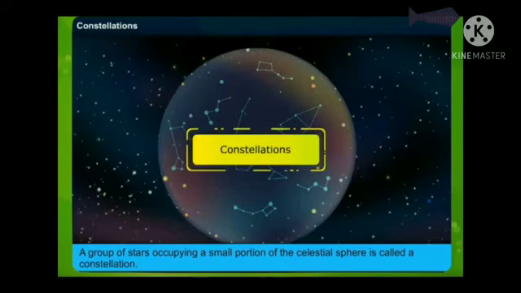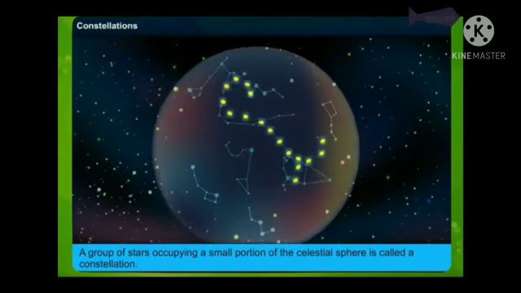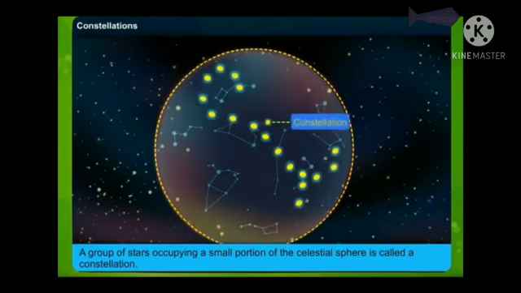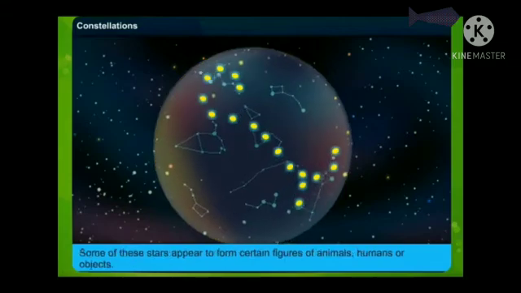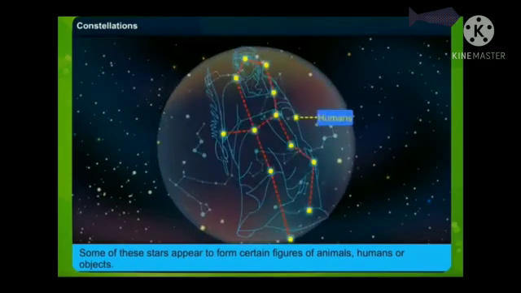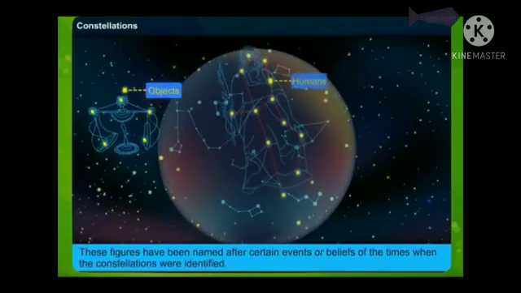A group of stars occupying a small portion of the celestial sphere is called a constellation. It has a shape. You can see it has been shown over there in the picture. Some of these stars appear to form certain figures of animals.